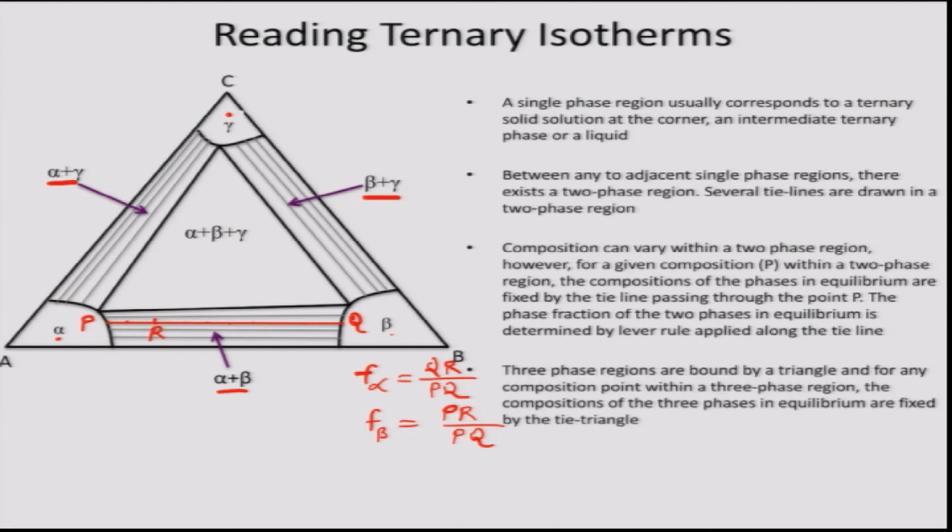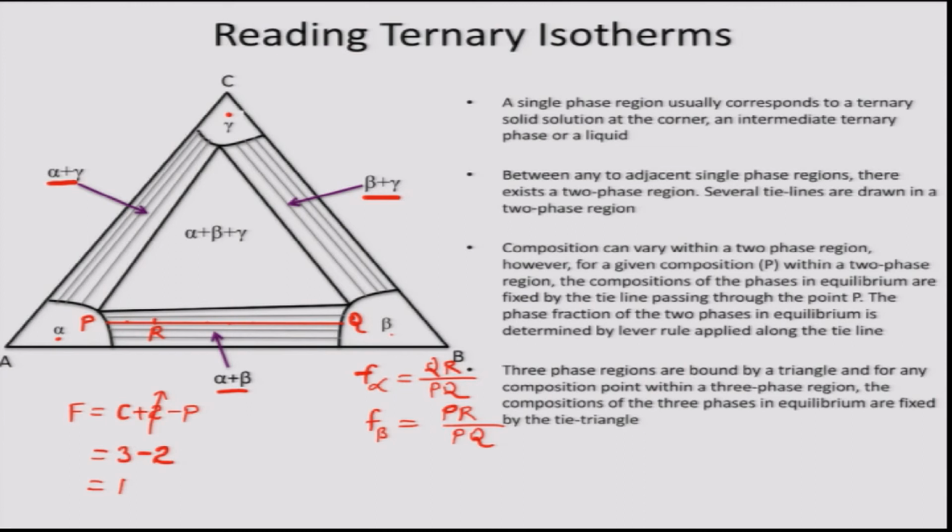So, if I apply the Gibbs phase rule here, I can write F is equal to C plus 2 minus P, and since the phase diagram is always at constant pressure, and since I am considering an isotherm or isothermal section of the phase diagram, I am holding temperature also constant, and so I do not need to consider the factor 2. For a ternary, C is 3, and in a two phase region, P is equal to 2, and so F is equal to 1. So, in a two phase region on a ternary isotherm there is 1 degree of freedom, and hence there are multiple tie lines.